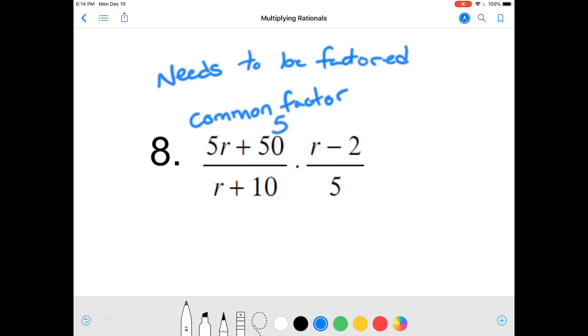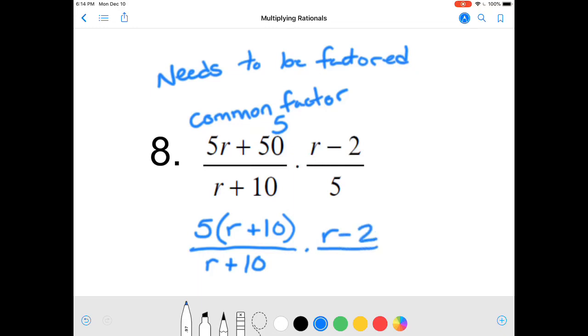So we're going to do 5r divided by 5, which is going to give us r. We put that 5, which is our common factor, on the outside of the parentheses. And then 50 divided by 5, which is 10. So now we have 5 times r plus 10 over r plus 10 times r minus 2 over 5.